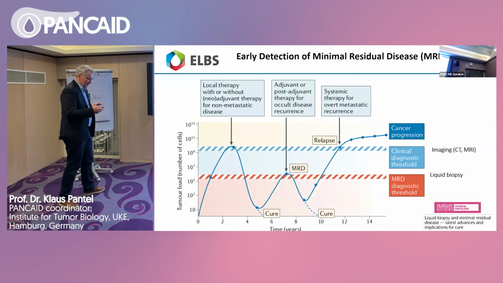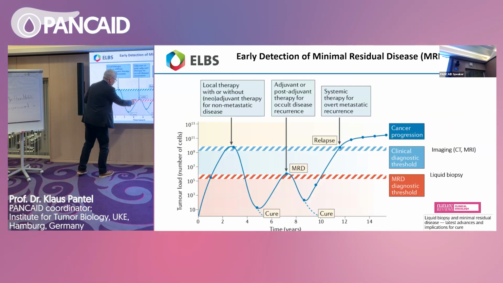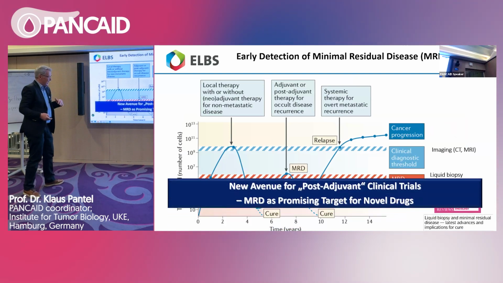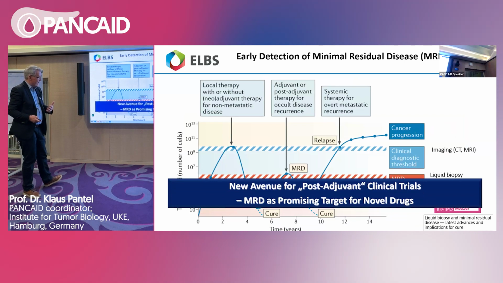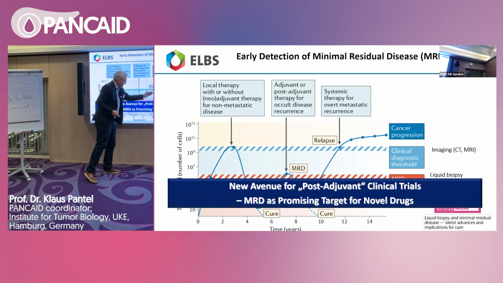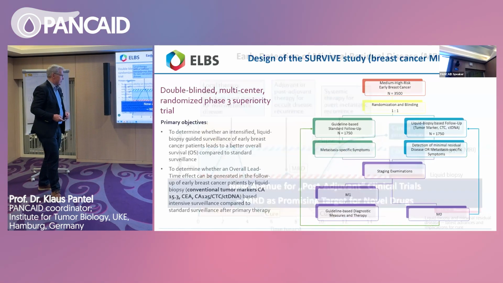This gives us a signal that the tumor may come back between the early detection and the relapse. That also gives the companies that develop drugs a chance to design a new way of post-adjuvant therapies that may block the relapse of the cancer.